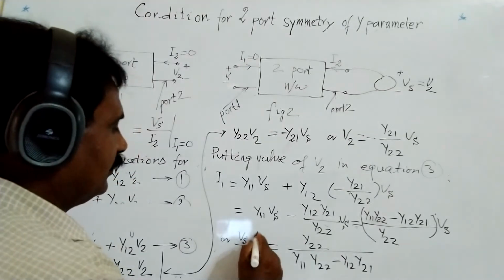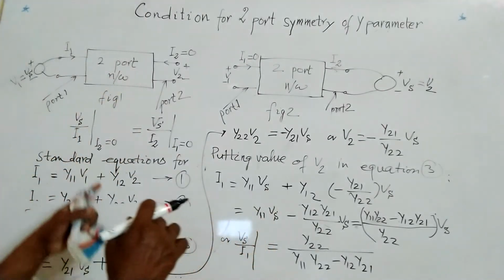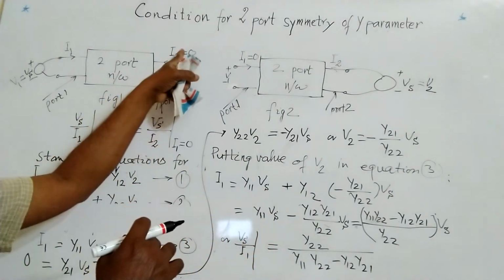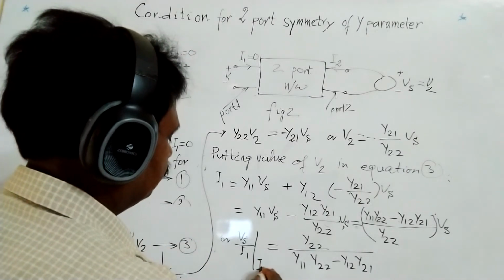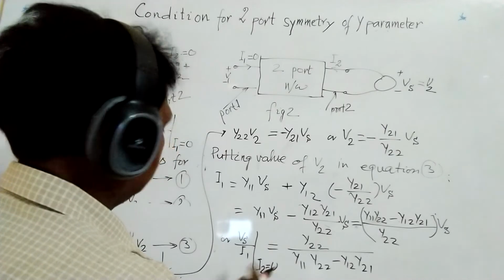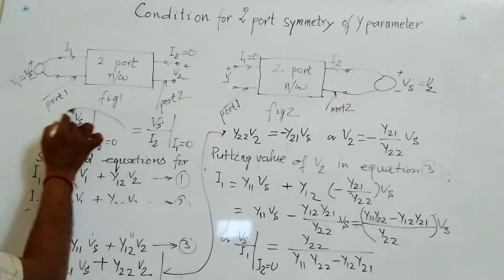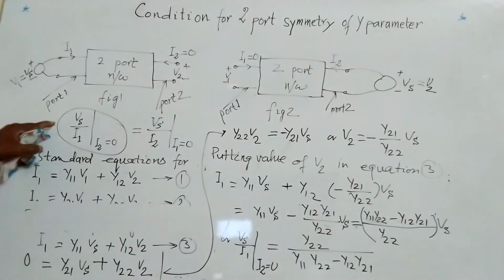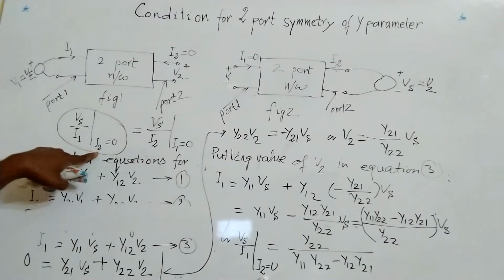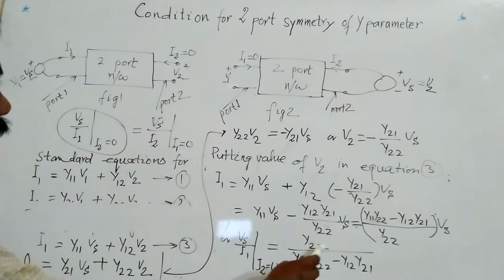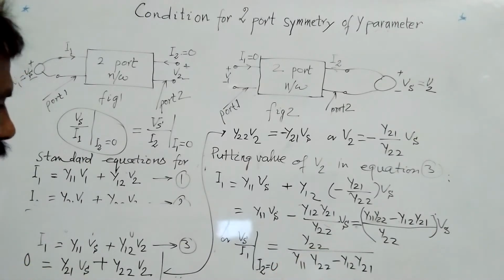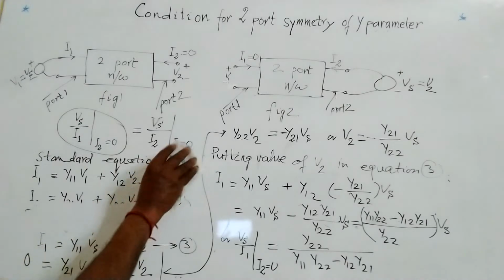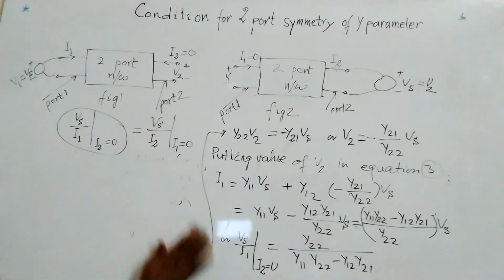This is the condition when we have taken I2 equal to 0. So we have found this value of Vs by I1 when I2 equals 0. Then let us write now this value here.